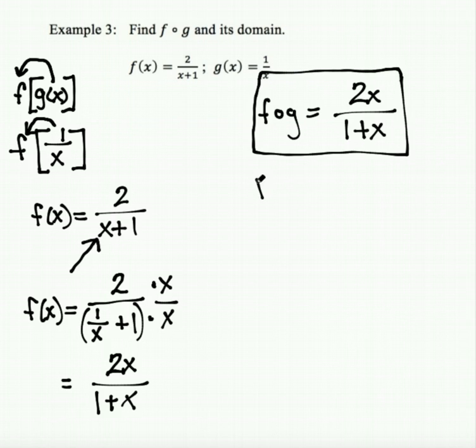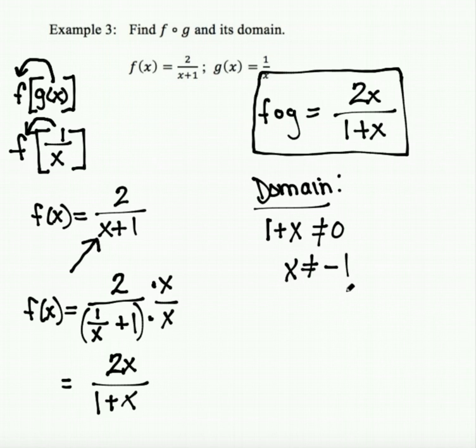Now, for domain, remember we have to look at two things. We have to look at our new function, which is 2x divided by 1 plus x. I know that I have a restriction. My denominator, which is 1 plus x, cannot equal 0. When I solve that, that's telling me that x cannot equal negative 1.